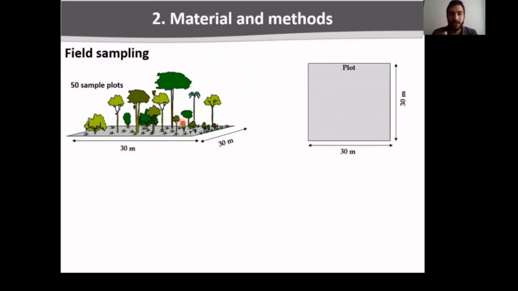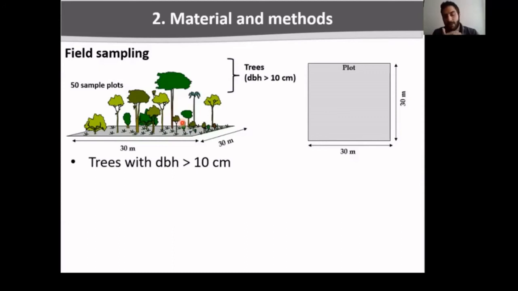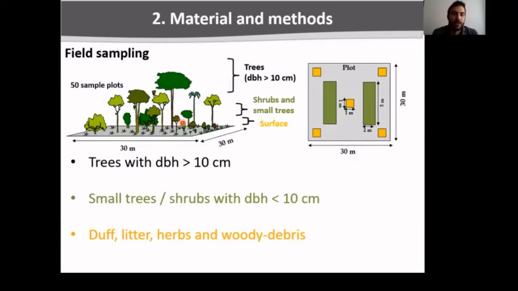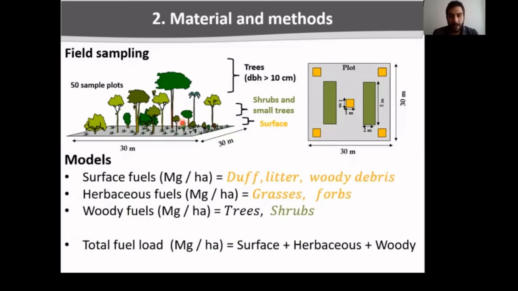So in these sites, we laid out 50 sample plots of 30 by 30 meters, and we measured all trees with DBH greater than 10 centimeters, and in subplots we measured small trees and shrubs with DBH lower than 10 centimeters, and also collected all the surface litter, herbs, and wood debris in other subplots, and calculated their biomass to be used as dependent variables in our models, and separated them into different models.